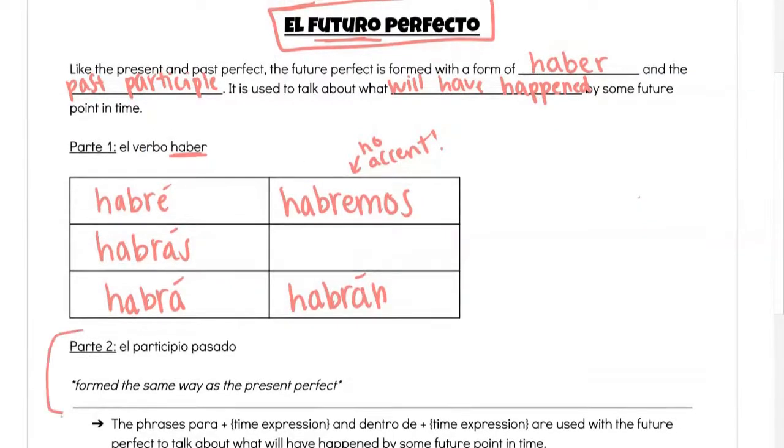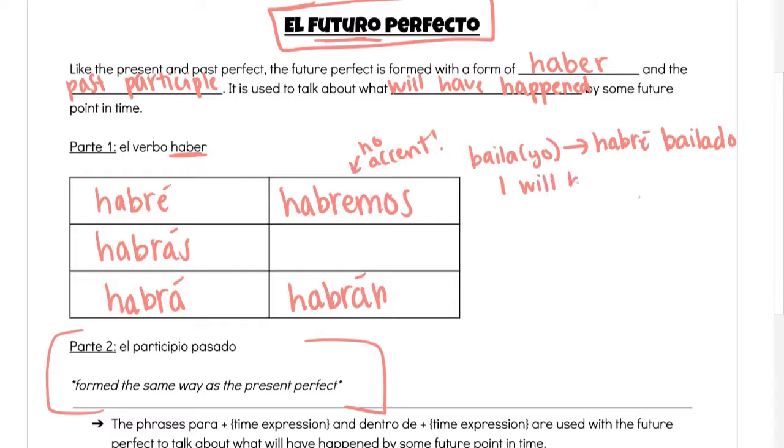And then we just need the past participles, same past participles we used when we conjugated into the present perfect and pluperfect back in chapter 6. So if I wanted to put bailar, yo, it would just become habré bailado. I will have danced is what that means in English.